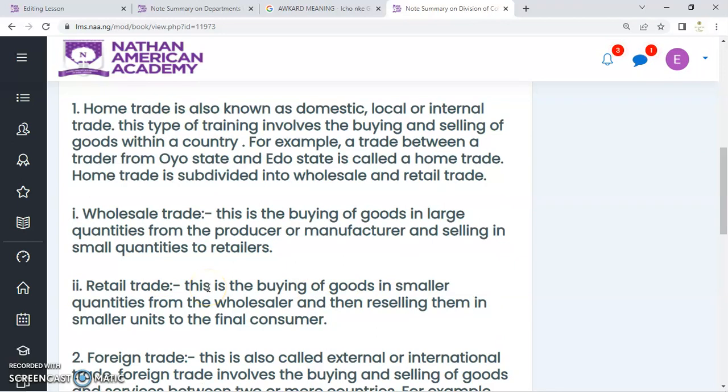Now, retail trade is the buying of goods in smaller quantity from the wholesaler and then reselling them in smaller units to the final consumers. Now, there is also a small-scale retailer and a large-scale retailer. What's the difference?